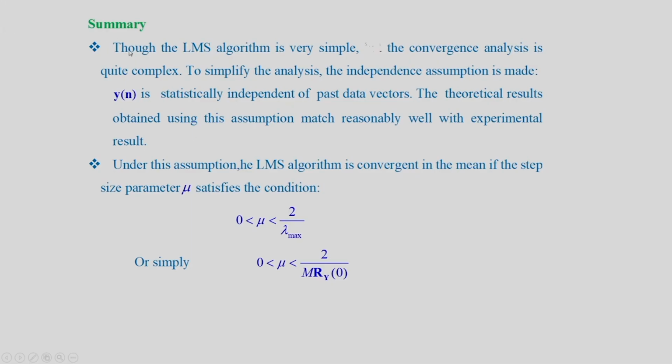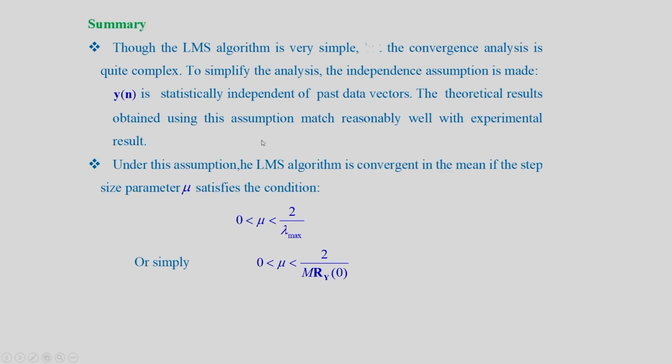Let us summarize the lecture. Though the LMS algorithm is very simple, the convergence analysis is quite complex. To simplify the analysis, the independence assumption is made. That is, Y(n) is statistically independent of past data vectors.